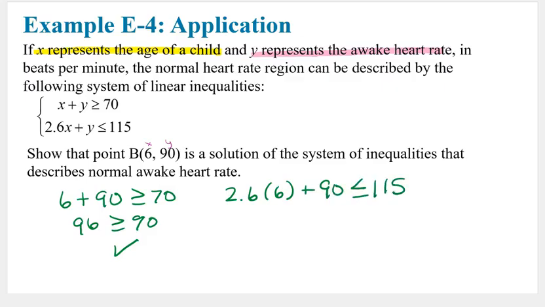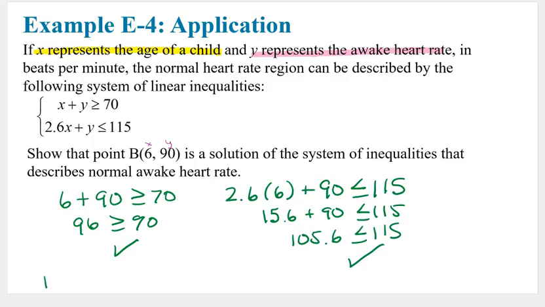So 2.6 times 6 is 15.6, and 15.6 plus 90 is 105.6, which is less than or equal to 115, so that checks out as well. So the point B, which is 6, 90, satisfies both. It is a solution. So I'm just going to write is a solution, because it satisfies both of those inequalities.